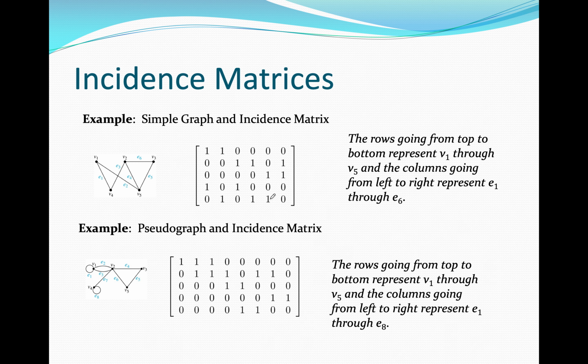So in this case, you can see here, the rows going from top to bottom represent the V. So this one is V1, this one is V2, this one is V3, this one is V4, this one is V5.